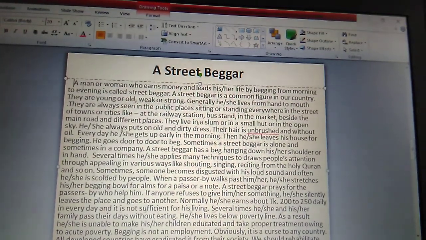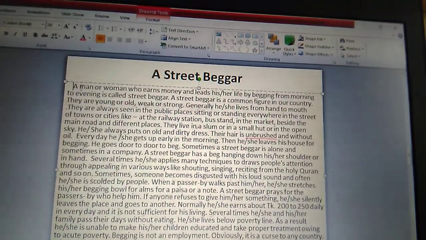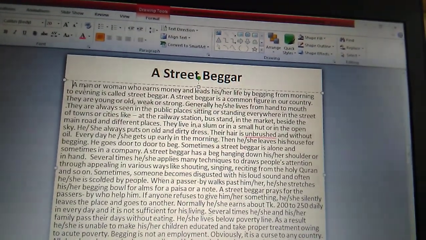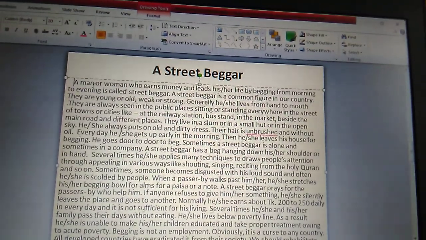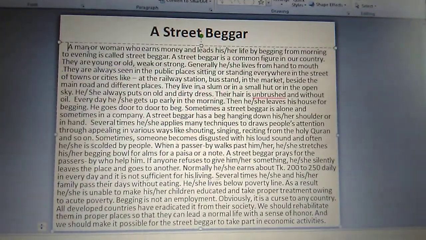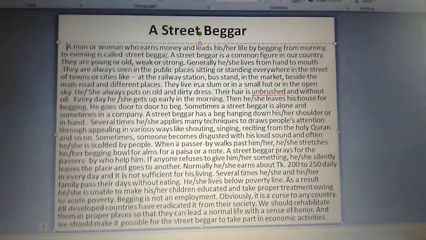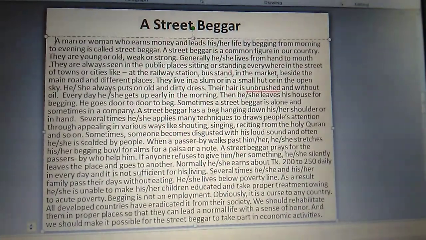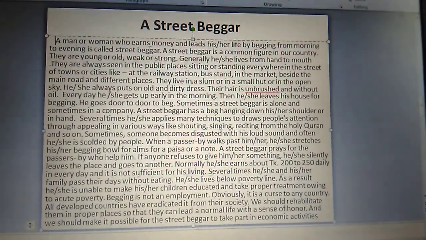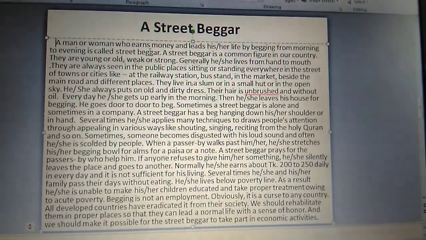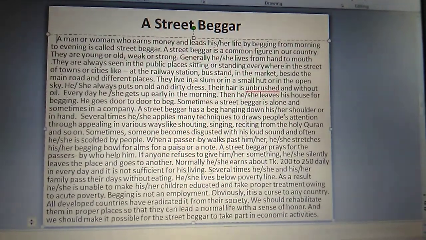We give the definition, but keep in mind, in most books it is written 'a man', but here we include 'a man or woman' because practically both men and women are available as street beggars on the road. Why do they beg? They beg for money and lead his or her life by begging.